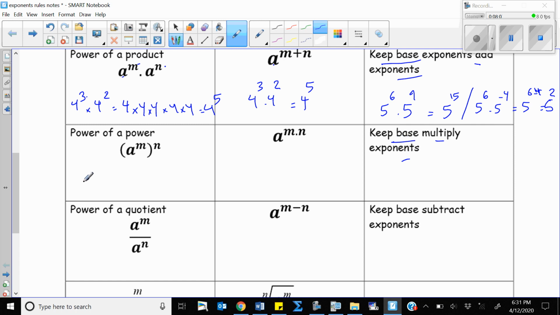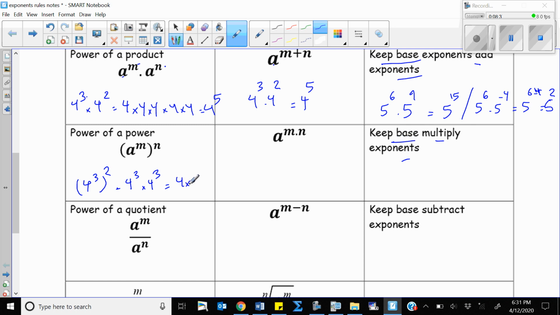For example, I have 4 to the power of 3, to the power of 2. So here I have 4 to the 3 multiplied by itself 2 times. So 4 to the 3 times 4 to the 3. Then, what is 4 to the 3 itself?